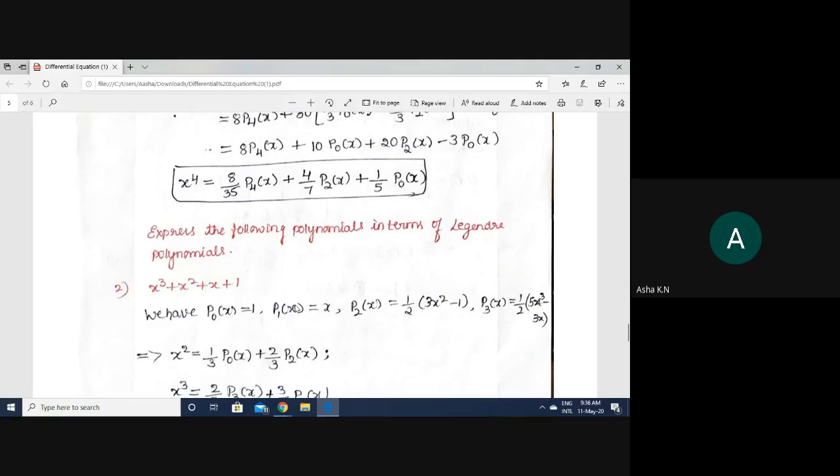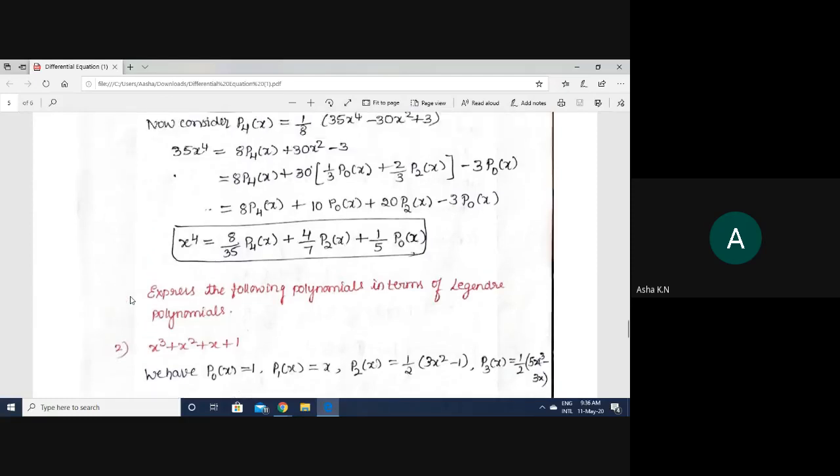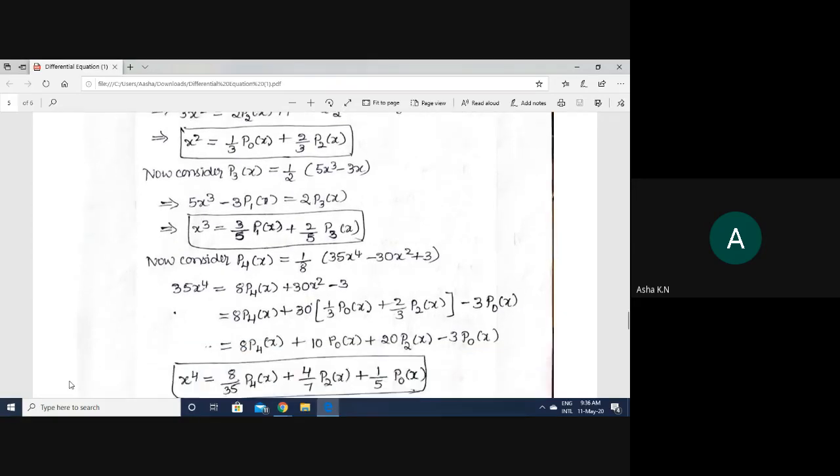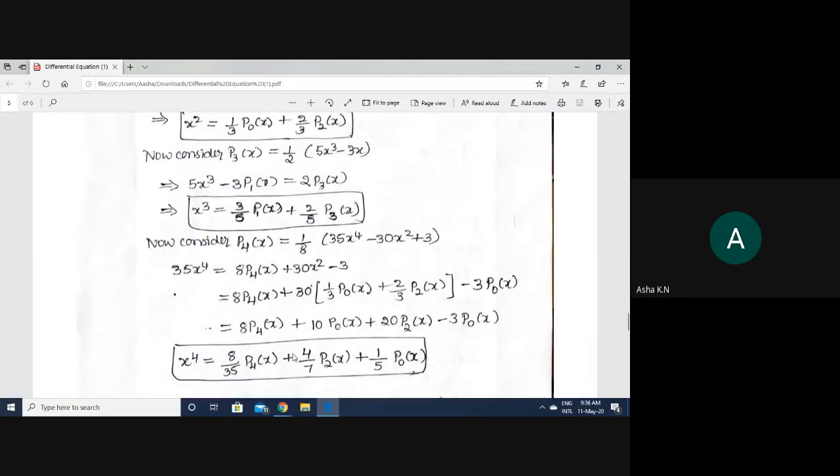What you have to do is, see, the x cube expression you already know here. Maybe some of you have the ability to remember this kind of expression. I don't. If someone gives a formula directly, maybe we will try to remember, but when there is something like Rodrigue's formula, it is better to remember that.